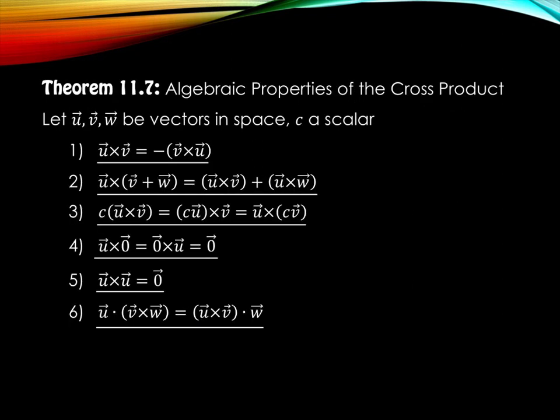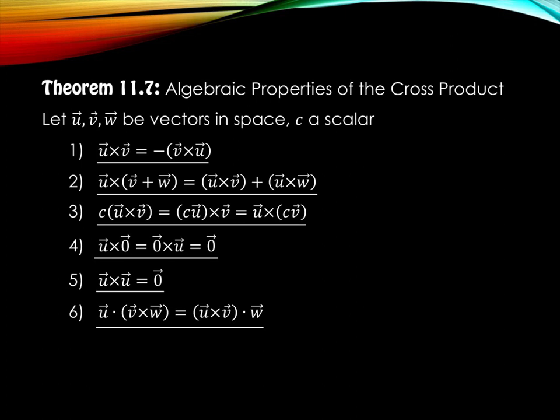So these are the properties that we see at play, the algebraic properties of our cross product, some that we've explored already, others that we haven't. So the first one is one that we just established. U cross V is the negative of V cross U. The other one that we established is number 5, U cross U is 0, the 0 vector. The other ones we didn't explore, but we could.